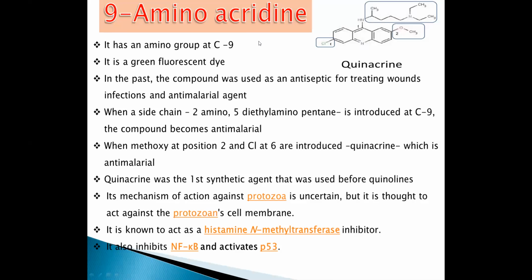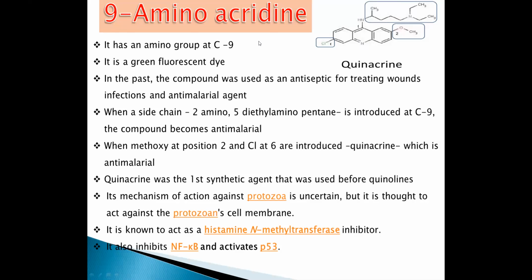If you see the structure of quinacrine, it is a combination of two parts.